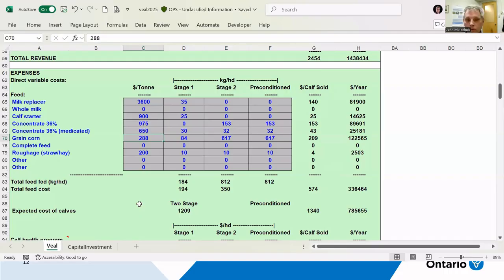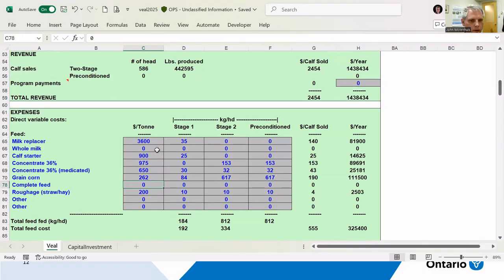So your cost of production goes up $20. So that's going to have obviously a direct impact on the cost of production. So you can start playing with the numbers that way. I think we have 262 before. So you can start seeing what some of these impacts are. I mean, if grain corn goes up, maybe some of these others will go up as well. So you have to keep that in mind as well.